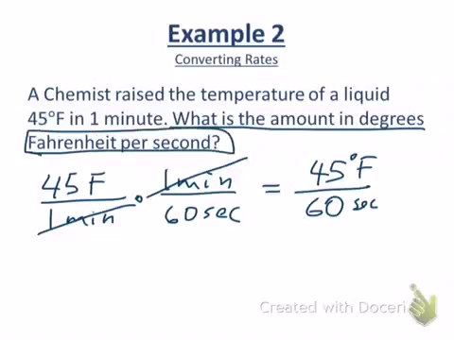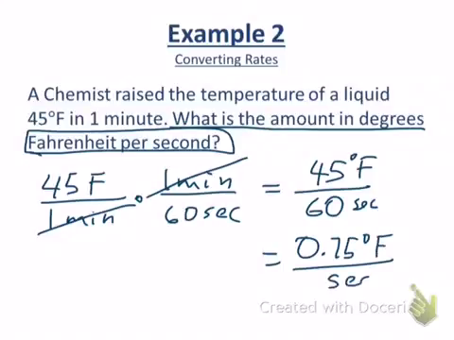Per 1 second. So the only way to express this as a unit rate is 45 divided by 60, which is 3/4, right? So it's 0.75 degrees Fahrenheit per second. You just write out per second? Yes, you can. Yes. All right.